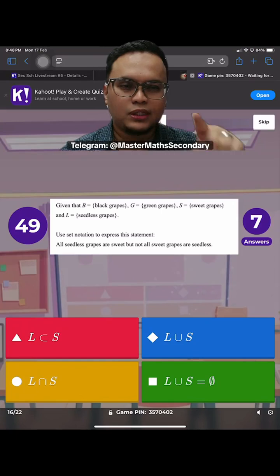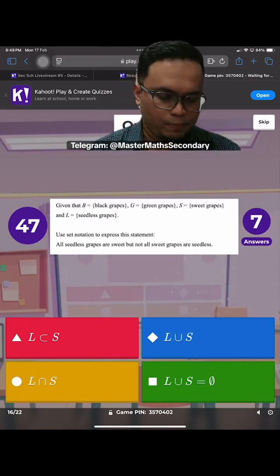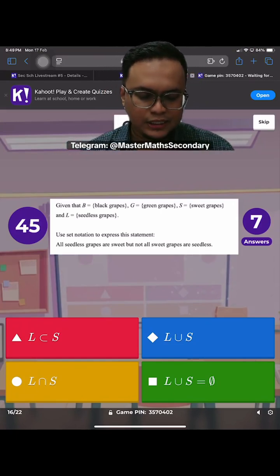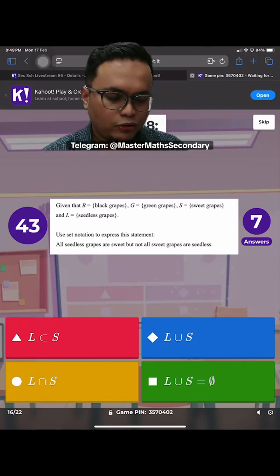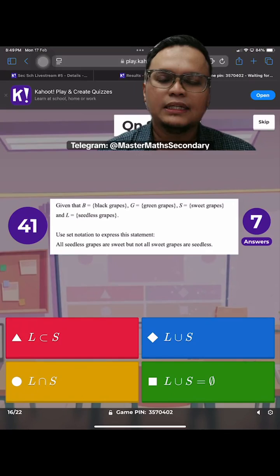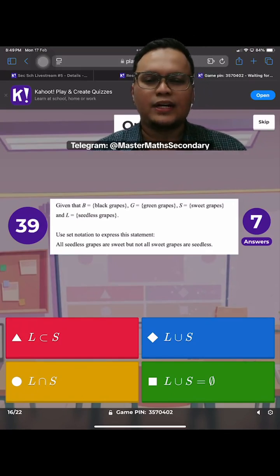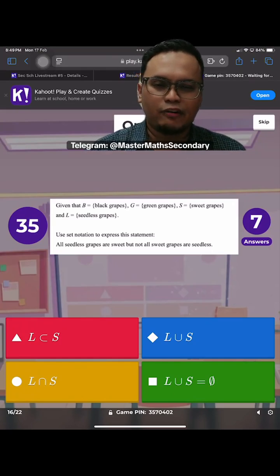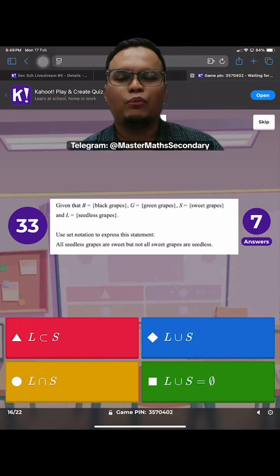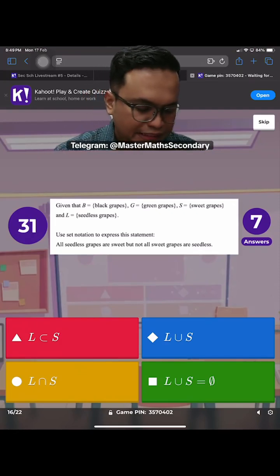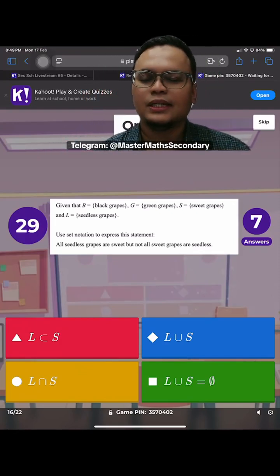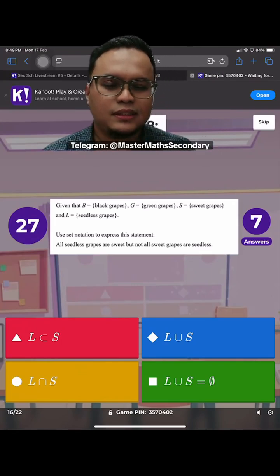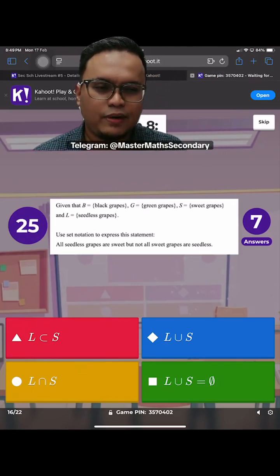Just draw two circles, one for L, one for S, and based on the description that all seedless grapes are sweet, but not all sweet grapes are seedless, this would give you an idea of how to draw the circles. Now, from the circles that you've drawn in the Venn diagram, ask yourself which one of these set notations best describes what you see in the Venn diagram.